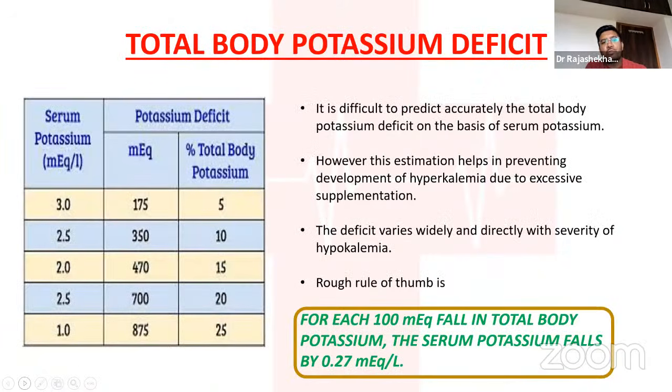And before giving the potassium to a patient, it is better to estimate the total body potassium deficit. Accurately, it is very difficult to predict how much potassium is deficit. However, this estimation definitely helps in preventing the development of hyperkalemia due to excessive supplementation. So there is a chart.